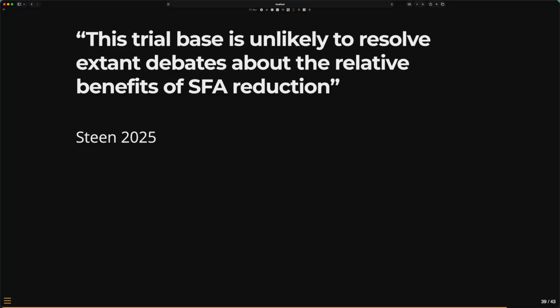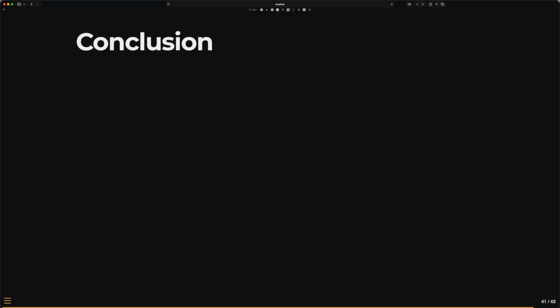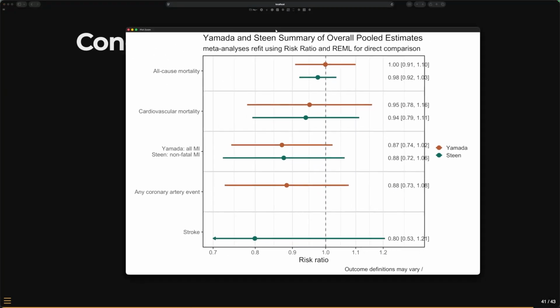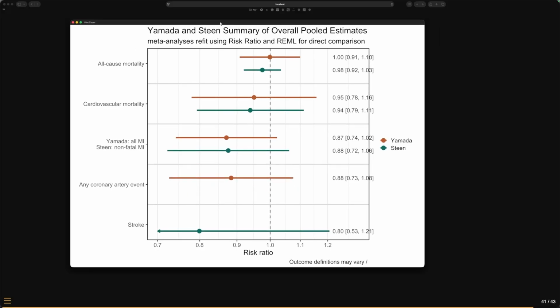Right. Okay, so just to restate our conclusion from the previous episode, I had combined the data from the two meta-analyses that we talked about, Yamada and Steen, into this one chart, and we thought there might be a pattern that emerges. In the more specific outcomes, like any coronary artery event or myocardial infarction, it seems like you see some benefits starting to emerge.